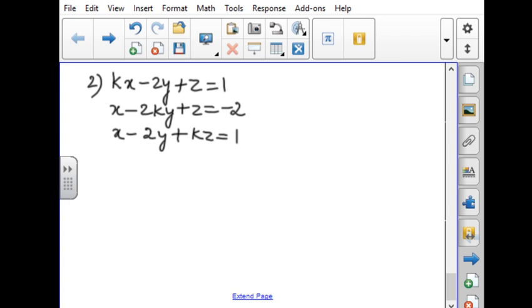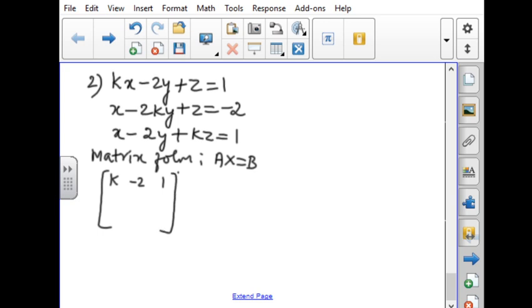So again, the same rank method we are going to do. First, the matrix form, Ax equal to b, that is k, minus 2, 1; 1, minus 2k, 1; 1, minus 2, k.